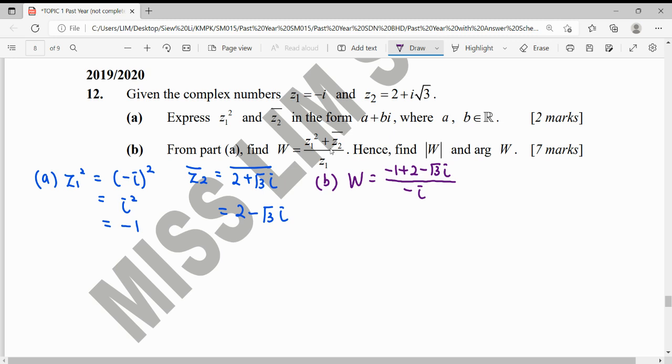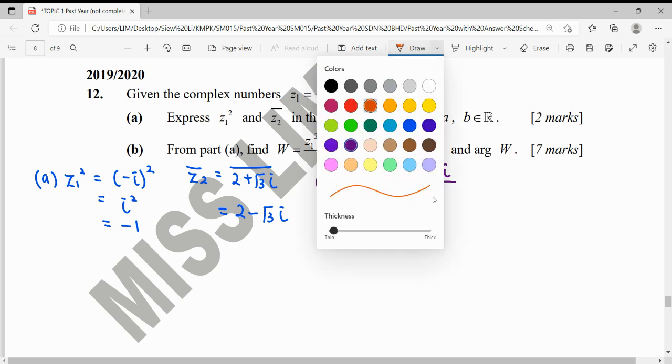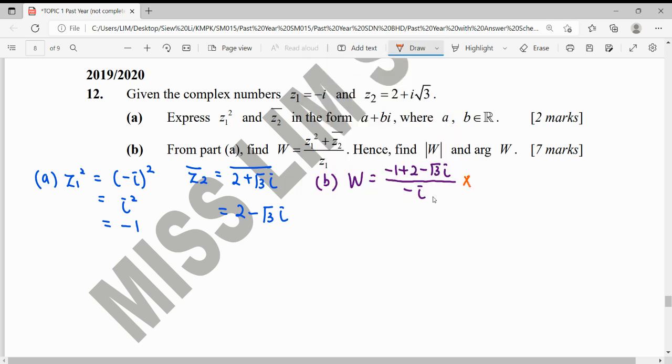So notice here, we have a division of complex numbers. In order to simplify it, we have to multiply with its conjugate. The conjugate of negative i will be i. Therefore, the denominator will be a squared, which is 0, plus b squared, which is negative 1 squared, so which is 1.